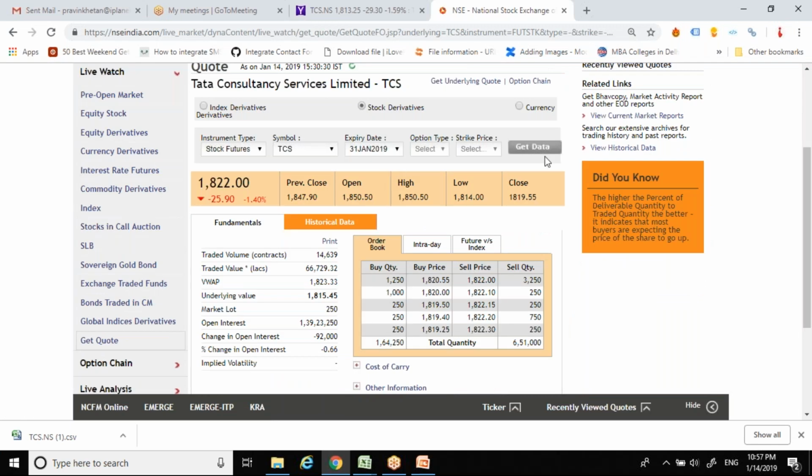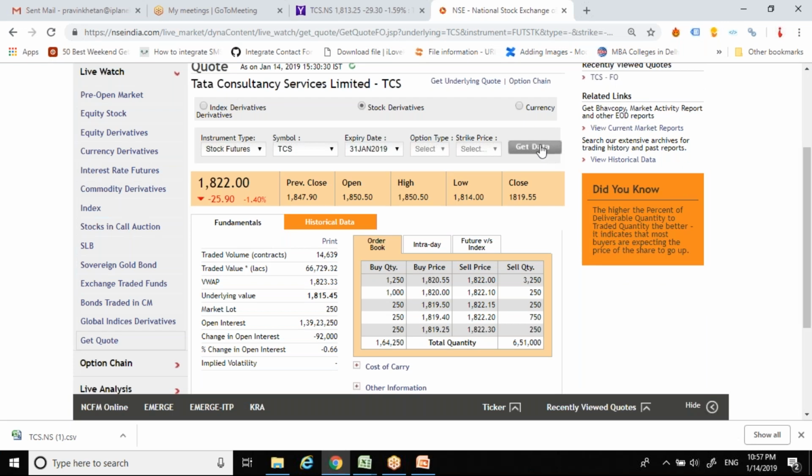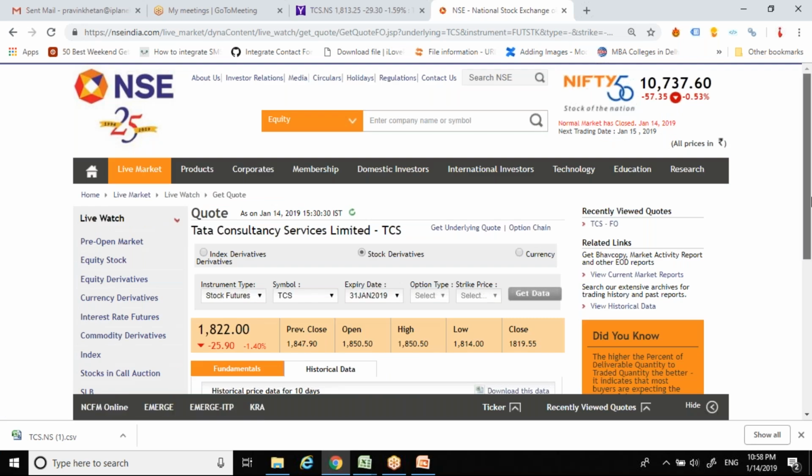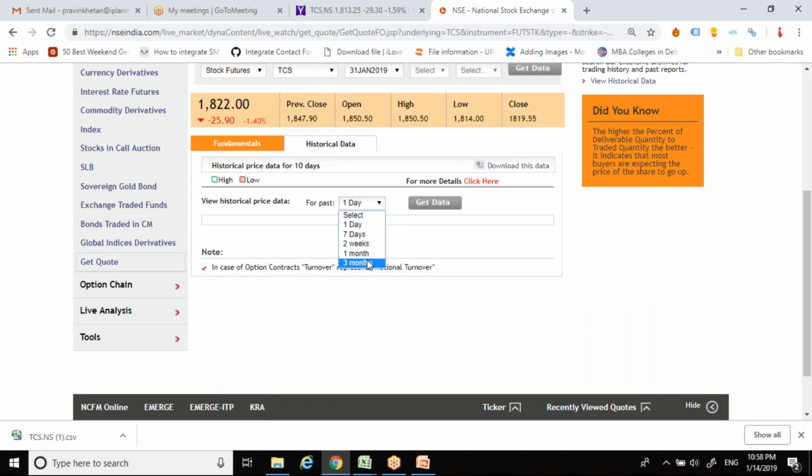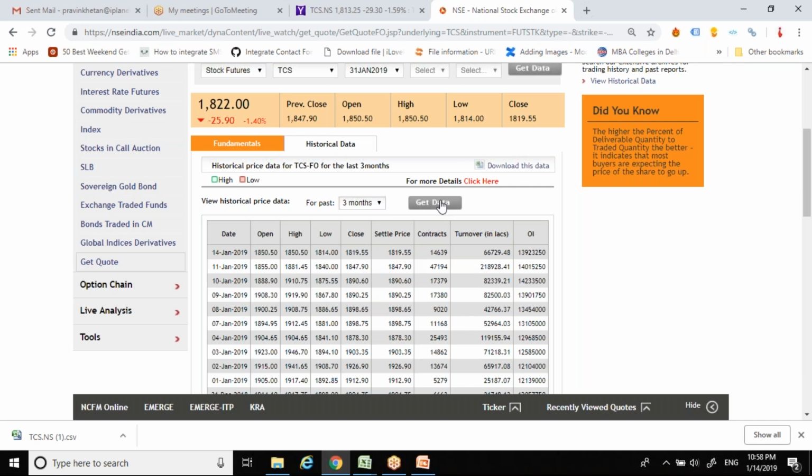TCS future, get data. Historical data for past 3 months. 26th of October, say.